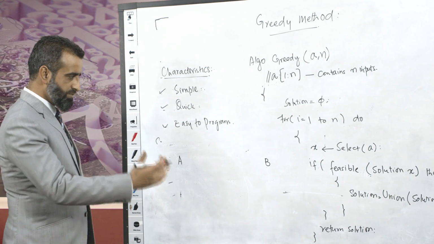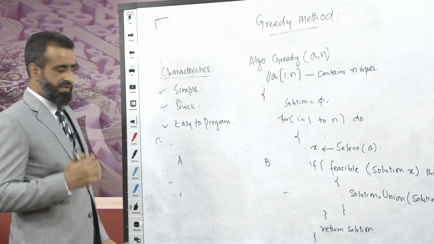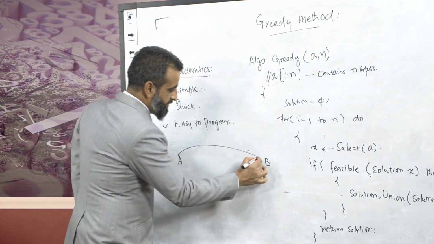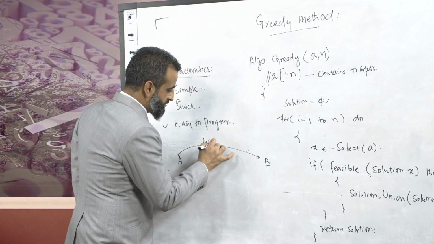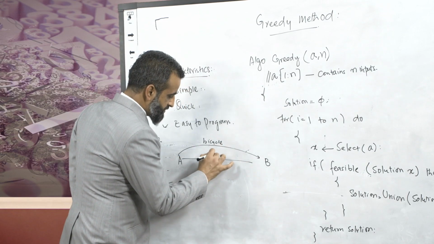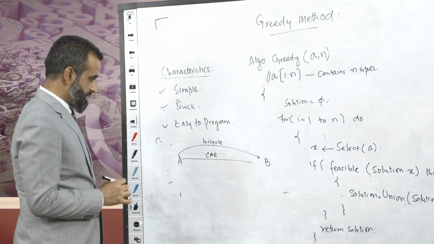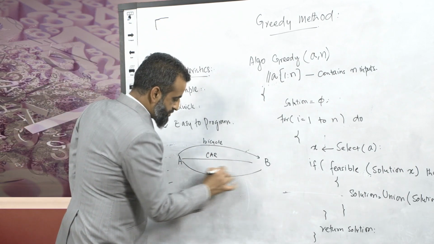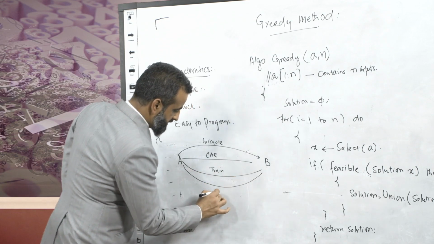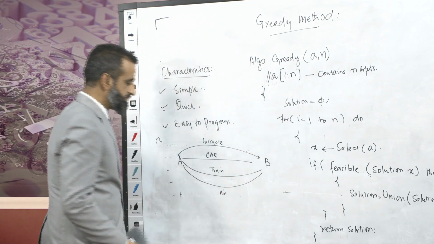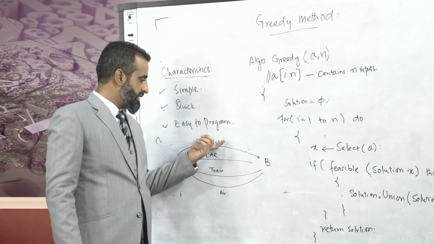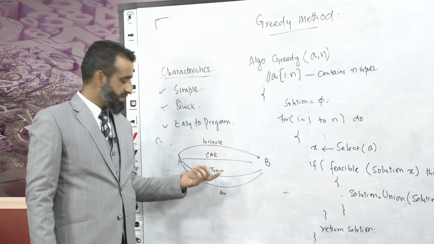There are multiple ways in which I can travel from A to B. I may use a bicycle as a means of transport, I may use a car, I may use a train, or I may fly by air. These are the different possible solutions that I can take.